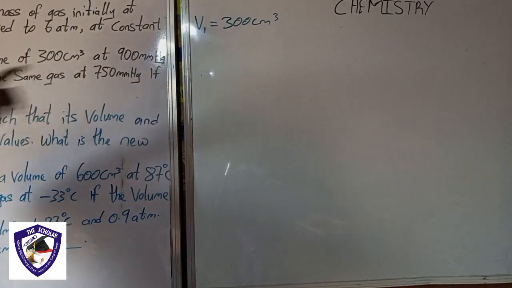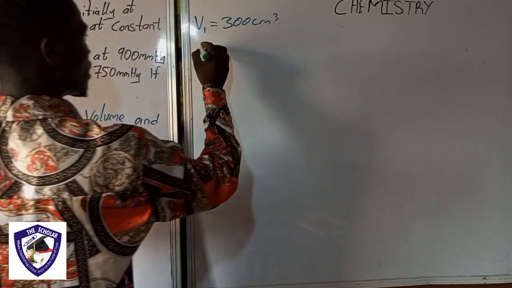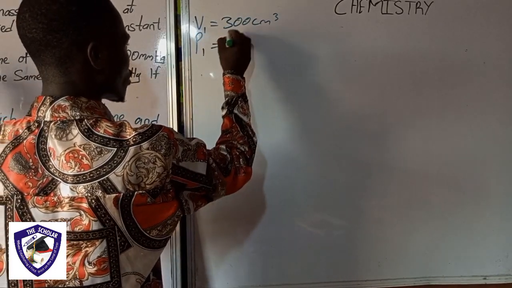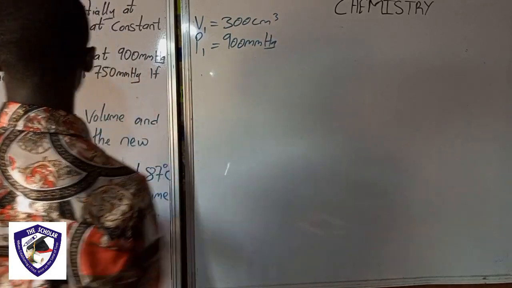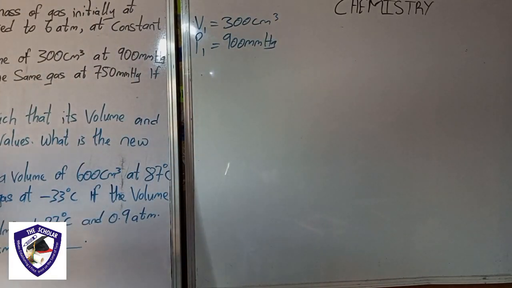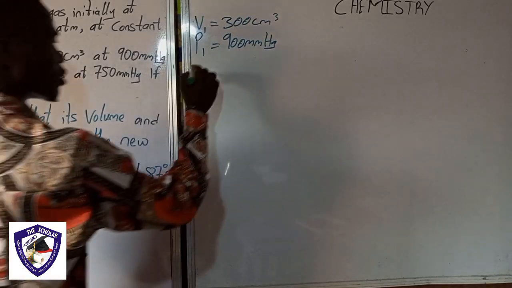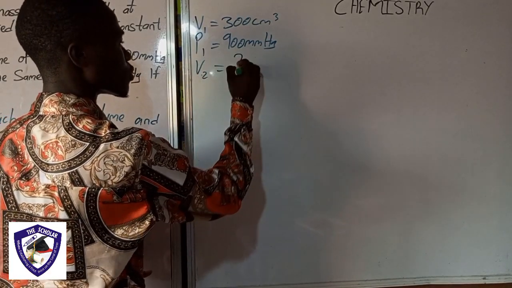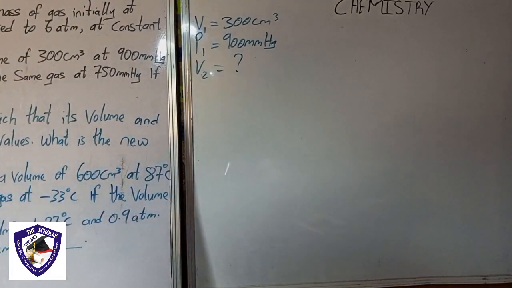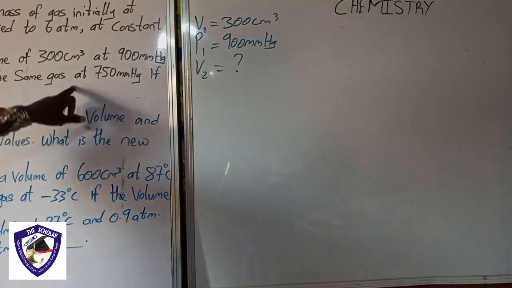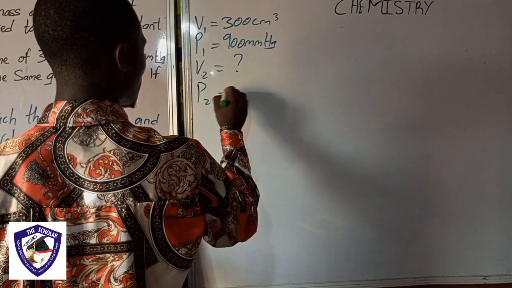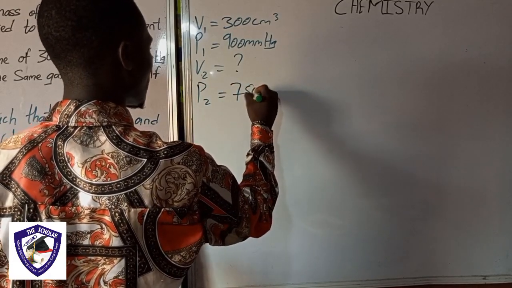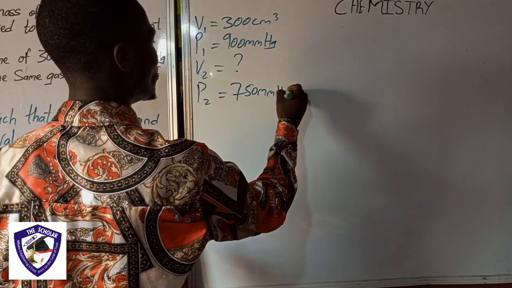At 900 mm mercury pressure, our P1 is equal to 900 mm mercury. Now the question says calculate the volume, which means we are calculating for V2, unknown, occupied by the same gas at 750 mm mercury. Our P2 is now 750 mm mercury.